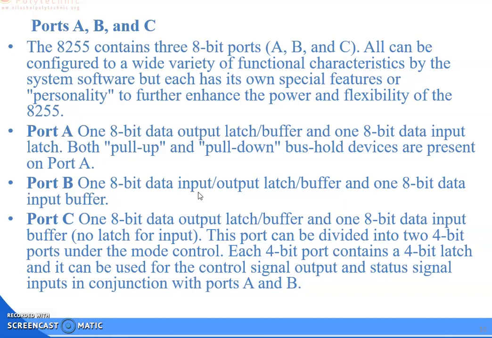Next are ports A, B and C. The 8255 contains three 8-bit ports, that is port A, port B and port C. All can be configured to a wide variety of functional characteristics by the system software, but each has its own special features or personality to further enhance the power and flexibility of the 8255.